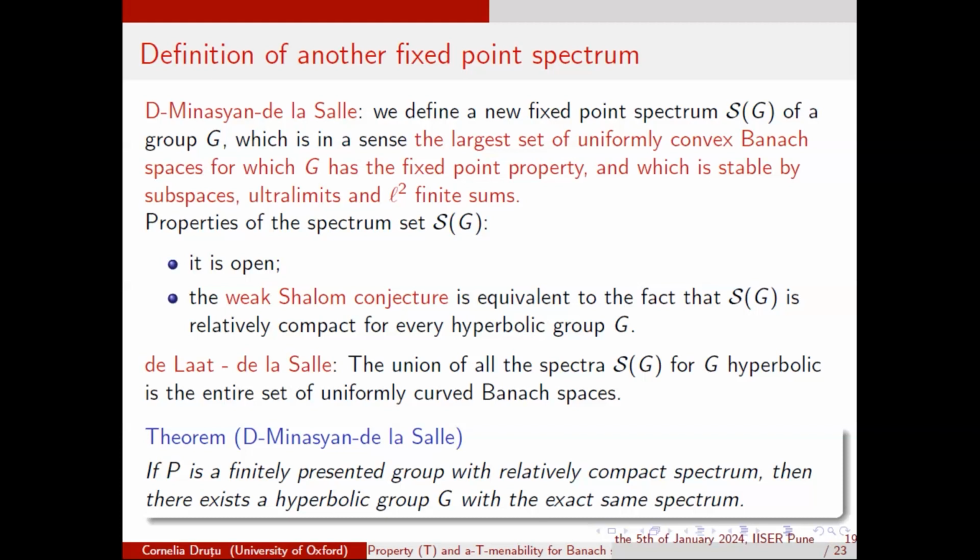So among the spectra that are relatively compact, everything is covered by hyperbolic groups. Any other finitely presented group must have one of those spectra. So this is the most accurate way of measuring the fixed point property, and this is what can be said up to now.